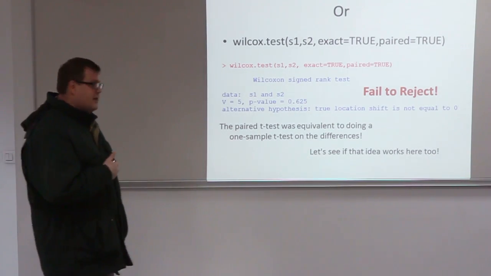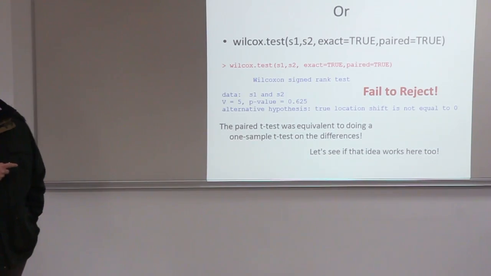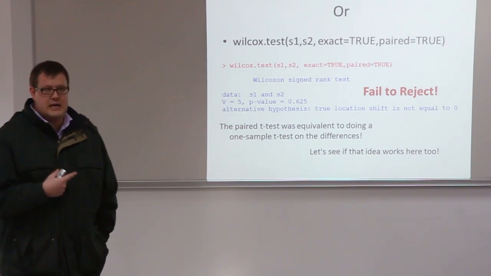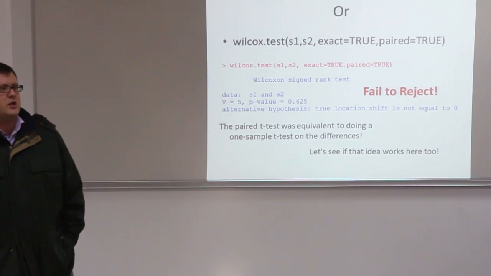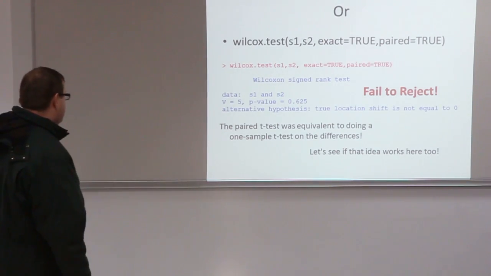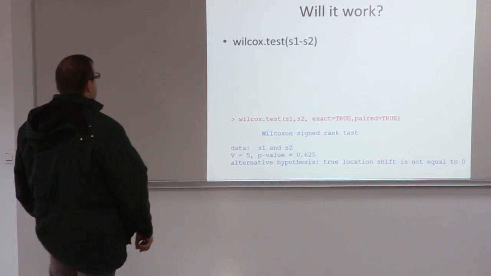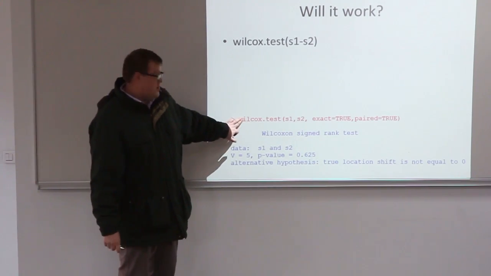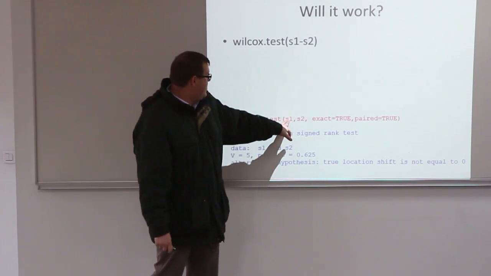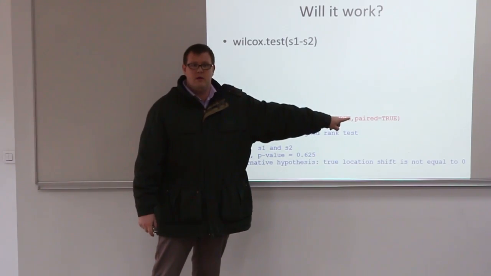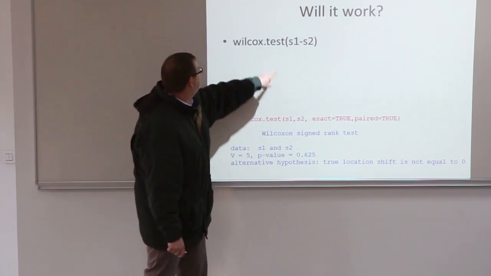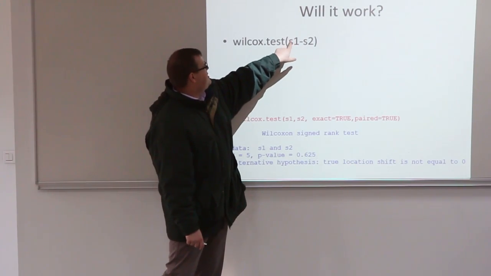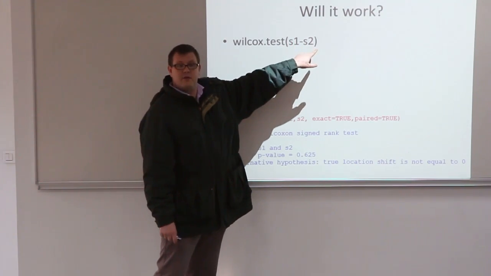So let's see if this works here too. Because if this is really an alternative to the paired t-test, then maybe we should expect to find something similar. So let's see. Will it work? So here's what we did last: Wilcox.test for sample 1, sample 2, it's paired. And now what we're doing is a Wilcox test for the difference between sample 1 and sample 2.